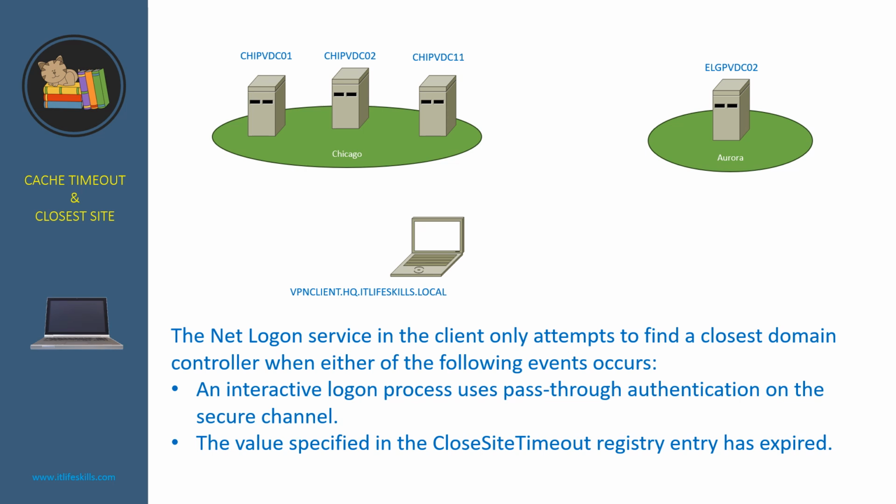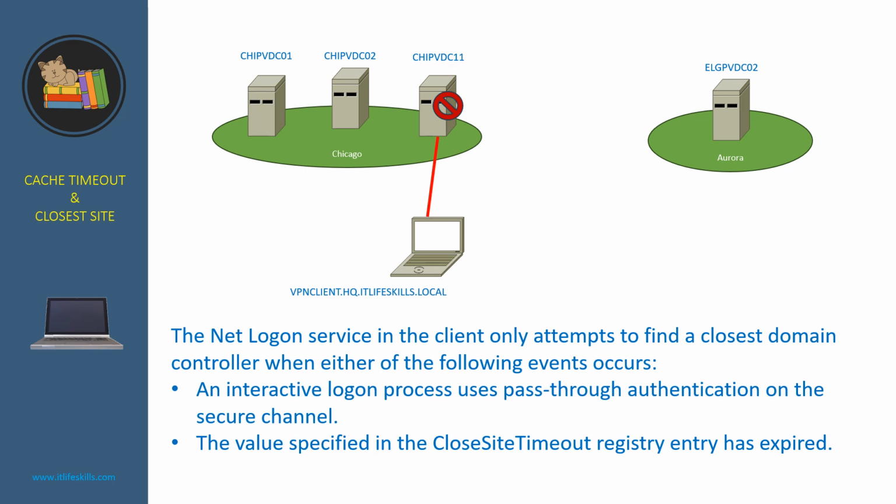Let's look into this scenario where the VPN client in the domain hq.itlifeskills.local attempts to contact SHE-PVDC11 because SHE-PVDC11 is in the closest site. However, SHE-PVDC11 is offline.